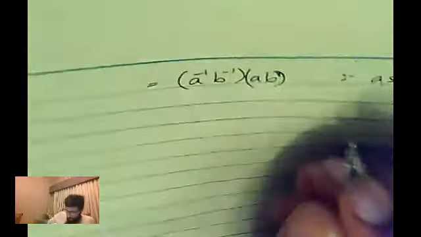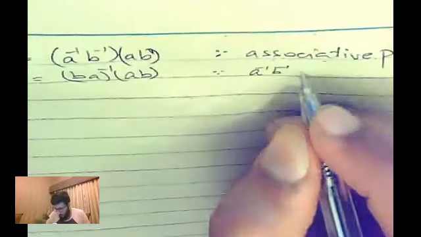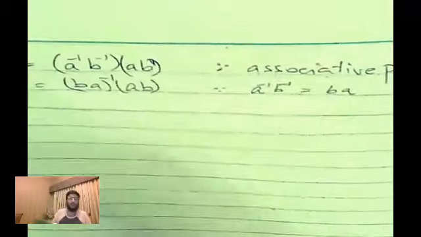Now, this results in BA, AB. Oh, sorry, (BA) whole inverse, because A inverse B inverse results in BA. That is another theorem.